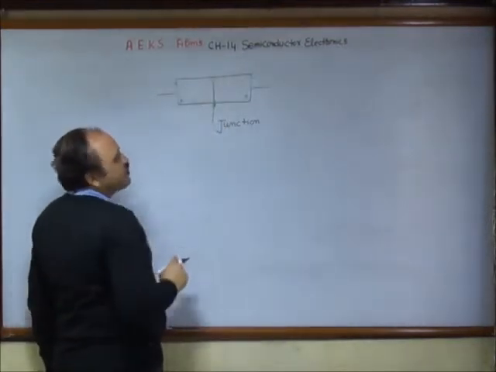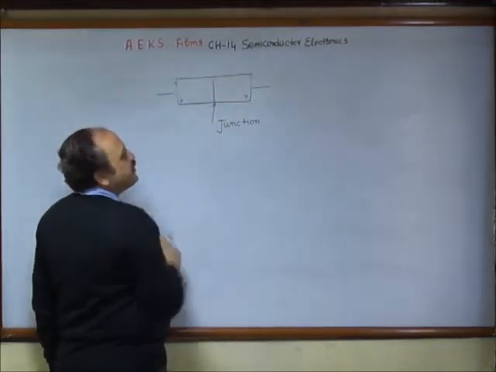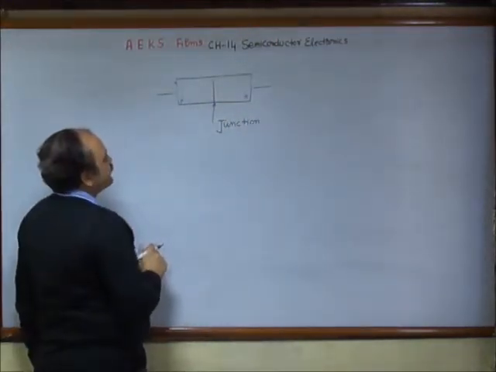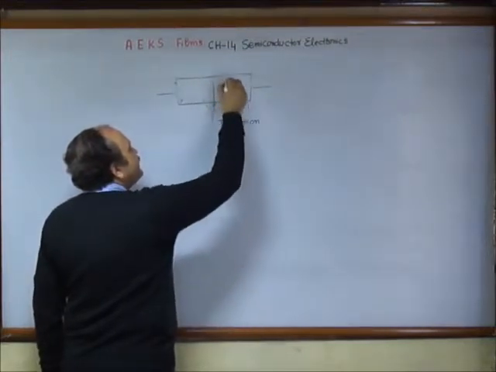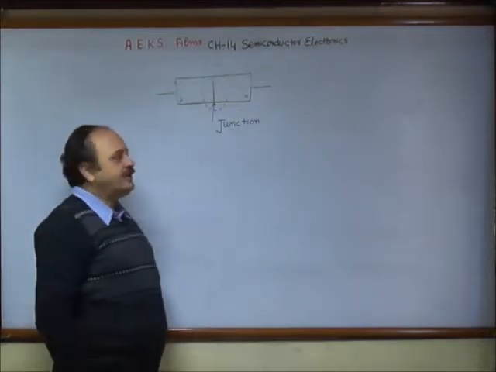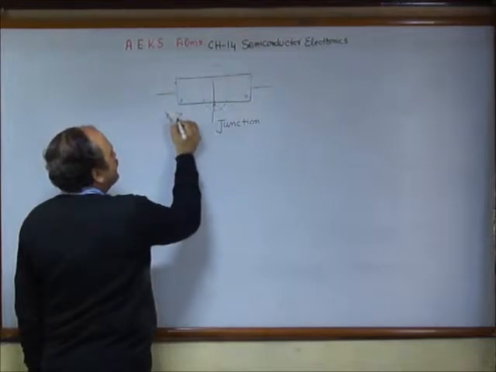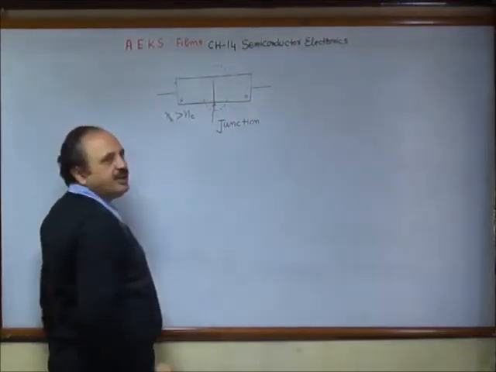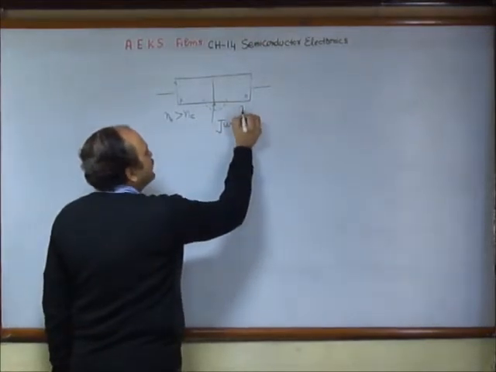Since it is a single junction, there is only one junction which we have in the diode. Let's see in detail what is happening here. I told you in the previous lecture, in the P region we have number density of holes more than the number density of free electrons, and in the N region we have just the reverse of it.